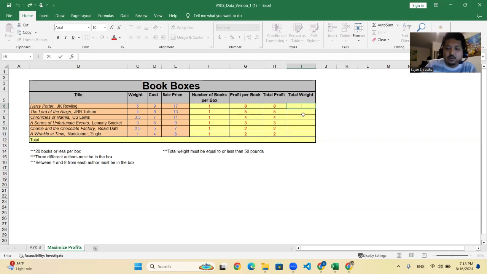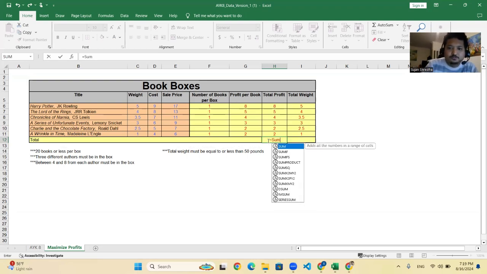For total weight, we can use the formula: the number of books multiplied by the weight. Enter. We can drag this down. So this will be the total weight. We have to maximize the total profit, so let's use the SUM formula.